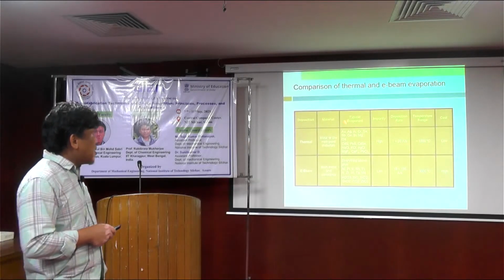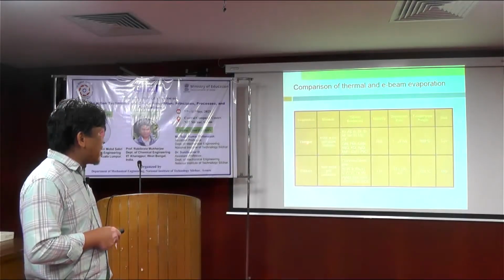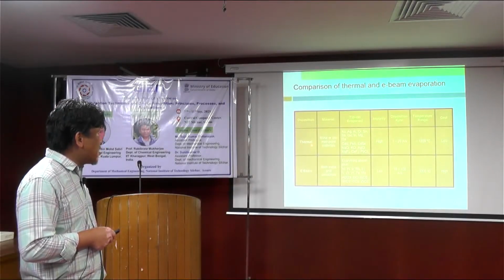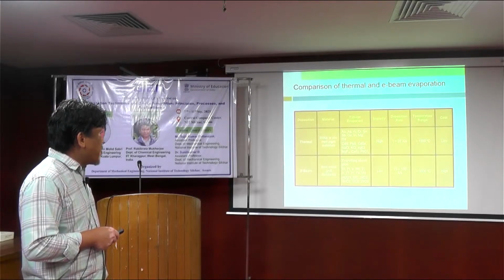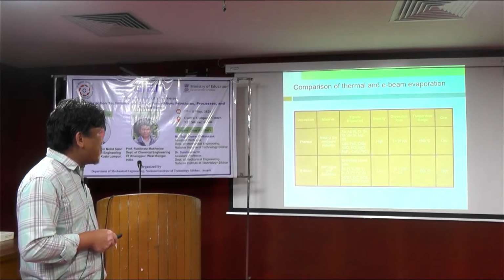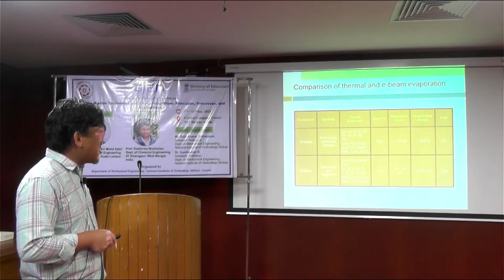And the difference between E-beam evaporation and thermal evaporation is that thermal is for metal or low melting point materials, and for E-beam, you can have both metal and dielectric material, which normally have a higher melting point.